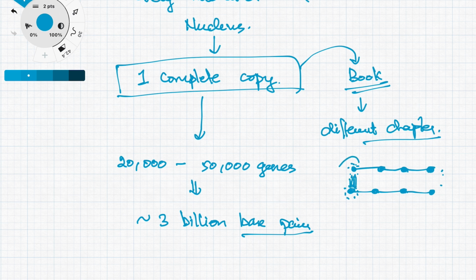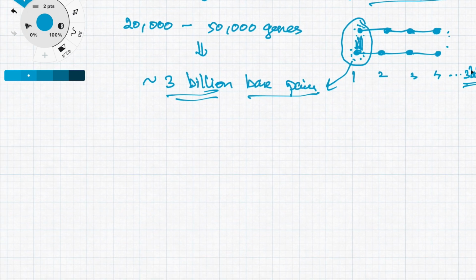Okay, these two nucleic acids that are attached through hydrogen bonds are considered as base pairs. So you have 3 billion of them. So if you start counting in the human genome, at the end you will end up with 3 billion. That is how huge the DNA is.